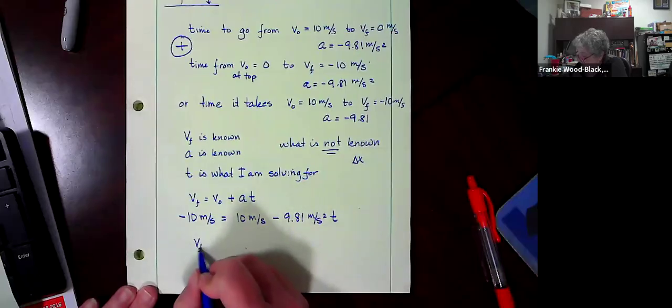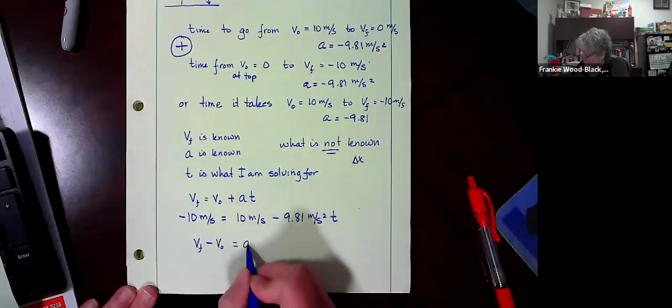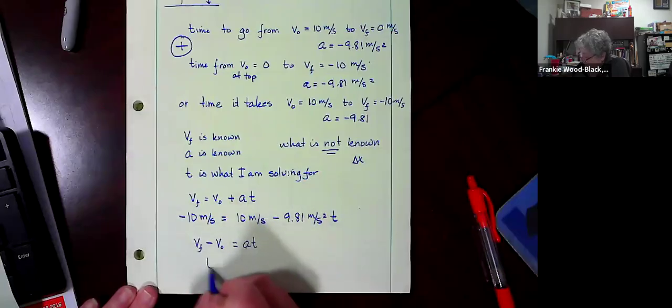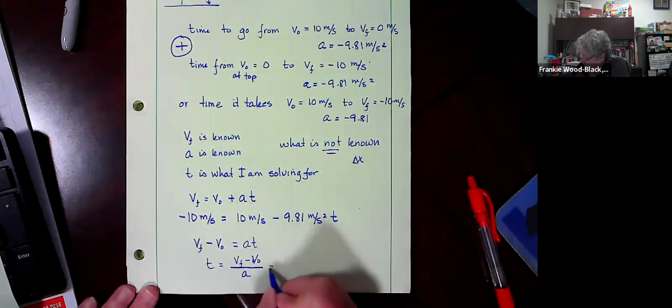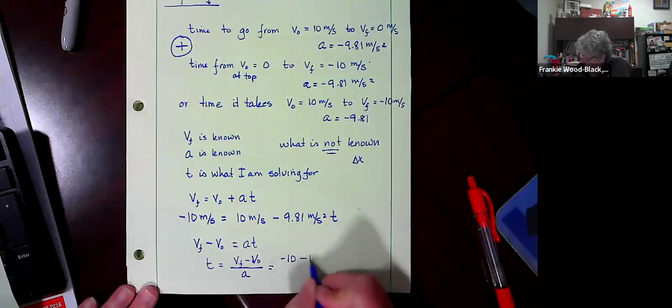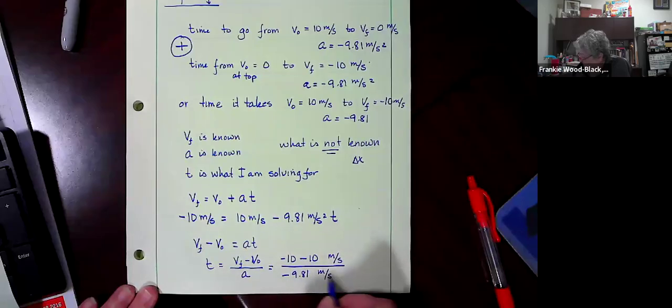So I'm going to get my velocity final minus my velocity initial is equal to acceleration times time. Time is going to equal velocity final minus velocity initial divided by my acceleration. So now I'm going to get minus 20 meters per second divided by minus 9.81 meters per second squared.